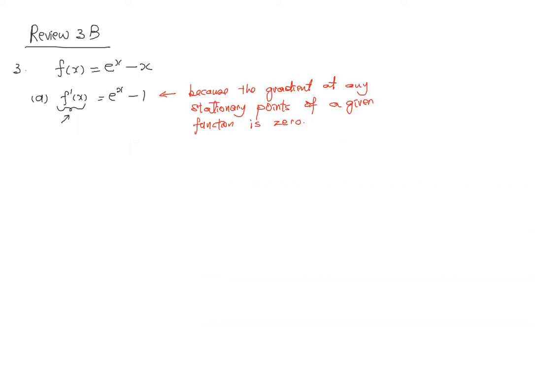So now I put this equal to 0, then I can solve for x. What is ln 1? Ln 1 is 0. So now find and classify. Okay, so now I got the x coordinate of the stationary point. Therefore, I look for f(0).